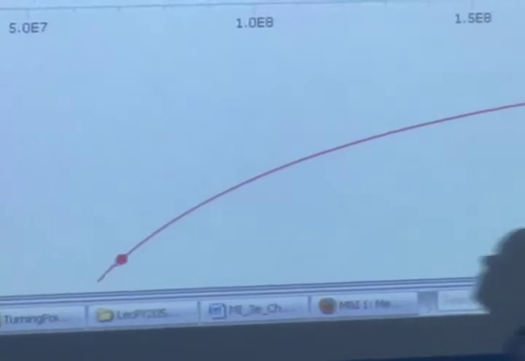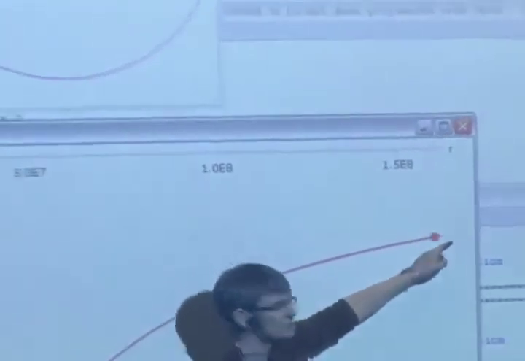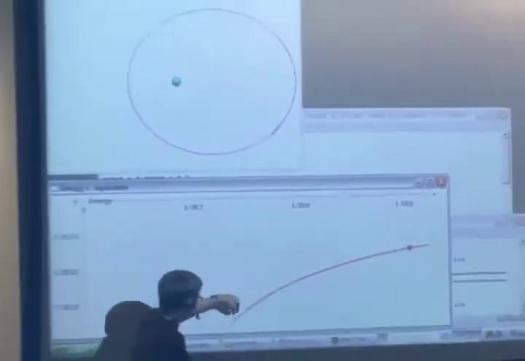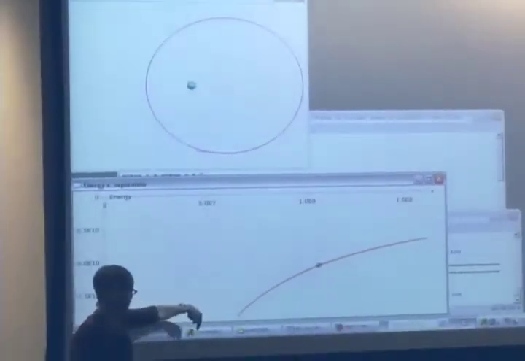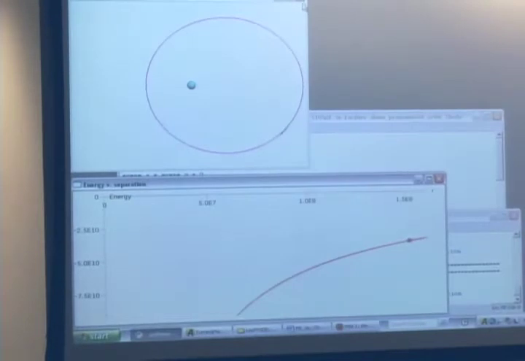So when it gets far away, it's approaching zero. When it gets closer, it gets more negative. So we're tracing out a piece of that curve. Right?